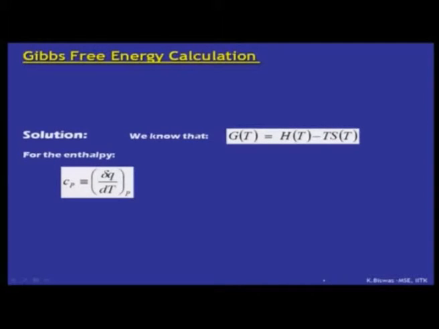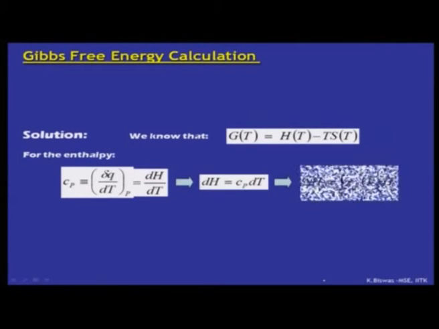So Cp is defined as del Q by del T at constant pressure, because there is another heat capacity also at constant volume, Cv, but in metallurgy and material science we use Cp. So enthalpy can be written like this: at constant pressure dH by dT is equal to Cp. So you can simply integrate it, dH equals Cp dT.